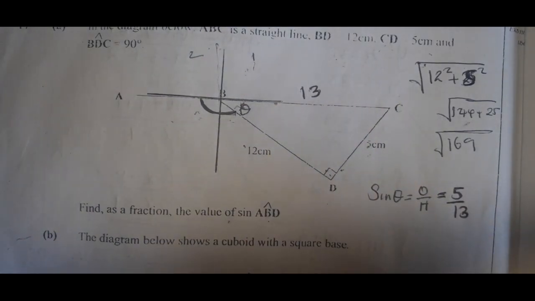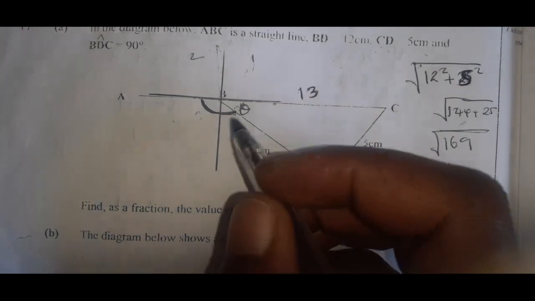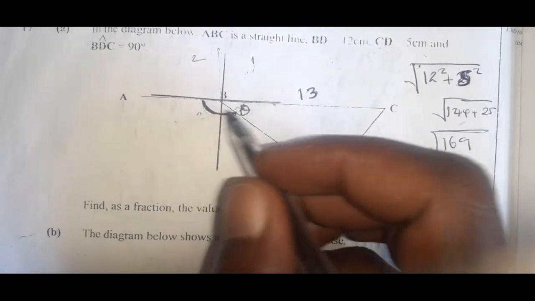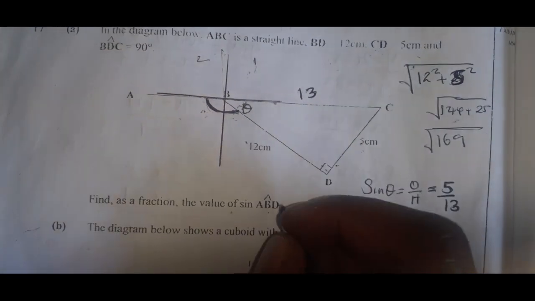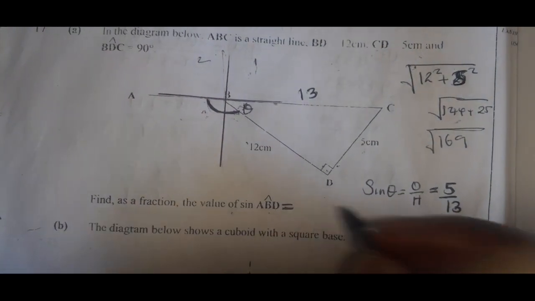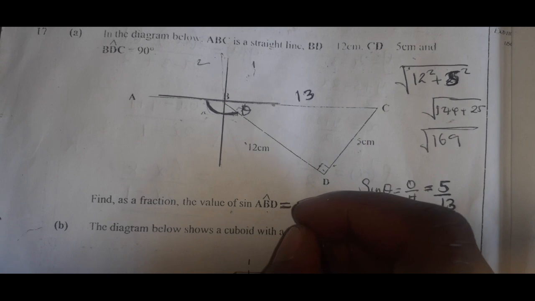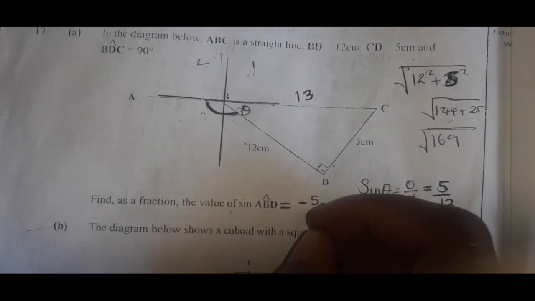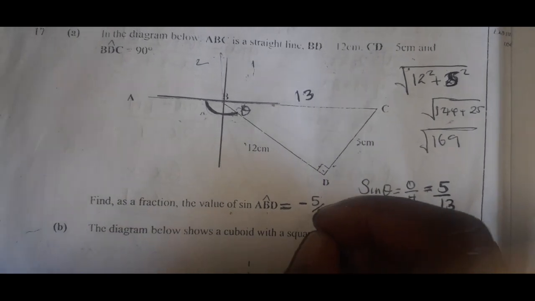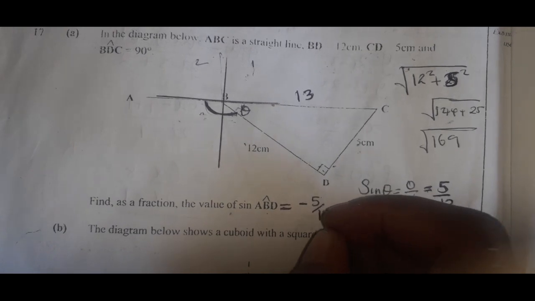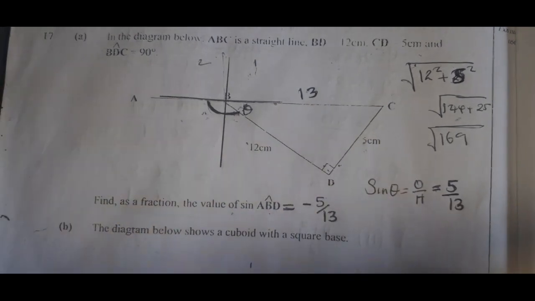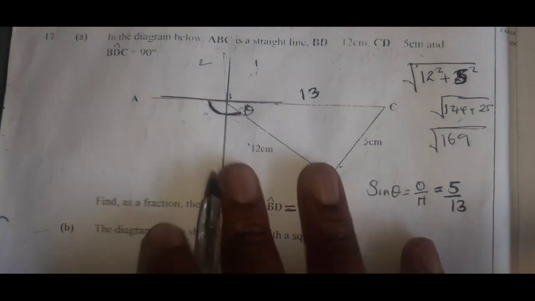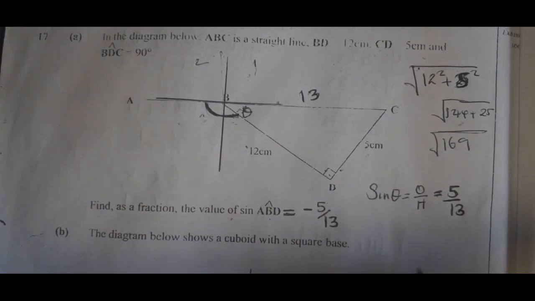Since the angle that we want is in the quadrants where sine is negative, we are going to write this same fraction, but as a negative: negative 5 over 13. Sorry, I may be subject to corrections.